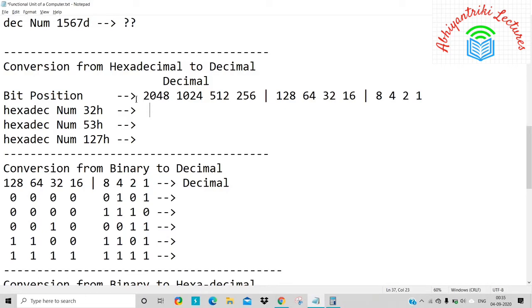This is hexadecimal to decimal. First you convert this to binary. Let me copy and paste.